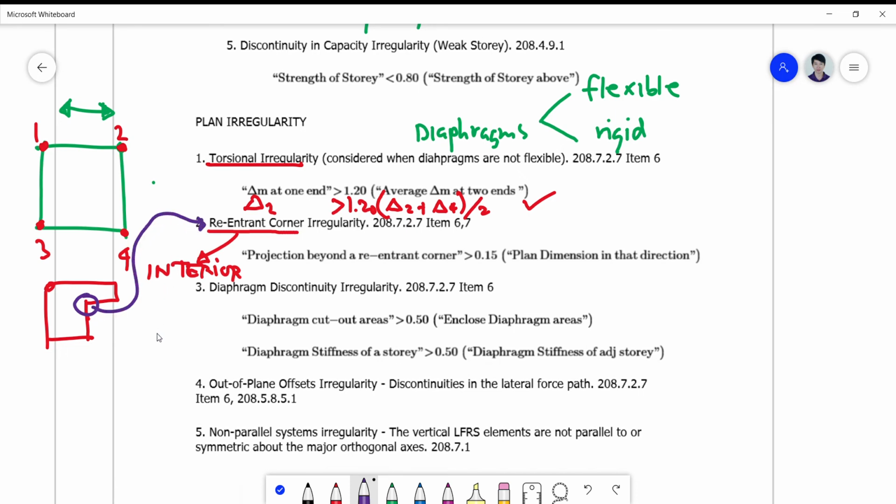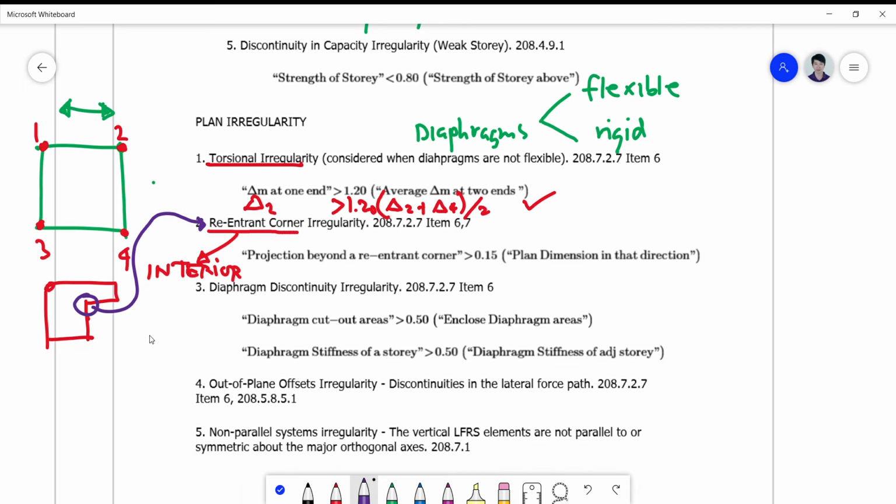A building can have as many re-entrant corners as it can, depending upon the design. And the National Structural Code of the Philippines and other codes do not want buildings to have a lot of re-entrant corners. There is a saying that the simplest building is the safest building in terms of earthquake.